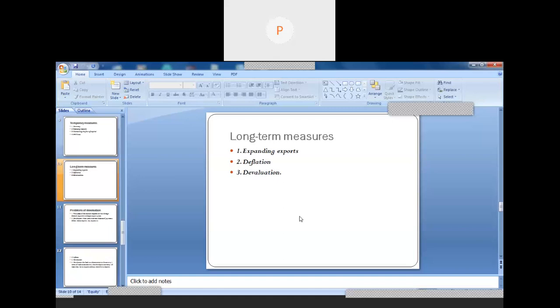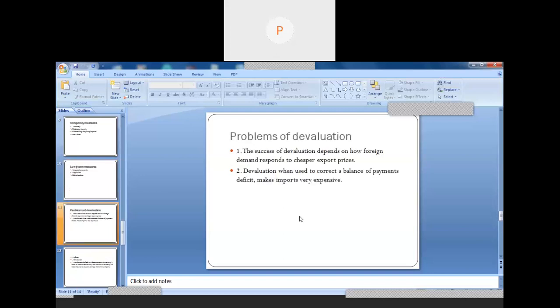Similarly, devaluation will make imports more expensive. It makes the local currency cheaper, so that citizens of other countries will give less of their currencies to purchase goods from the countries with the devalued currency. So devaluation, by changing the rate at which the currency of a country can be exchanged with other currencies, can be a very good tool, a long-term measure for a country to improve the balance of payment.